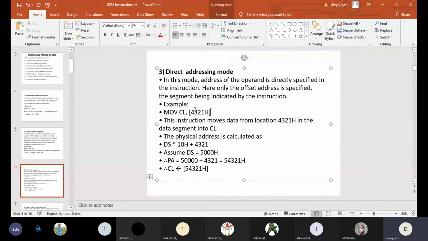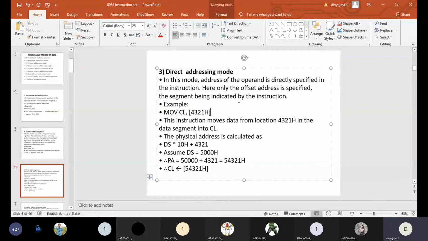Whenever you find a number within braces, you should conclude that it is not the data, it is representing the address where the data is stored. I'm repeating once again: if a number is present within braces, it does not represent the data. It represents the offset address or the effective address where the data is stored.